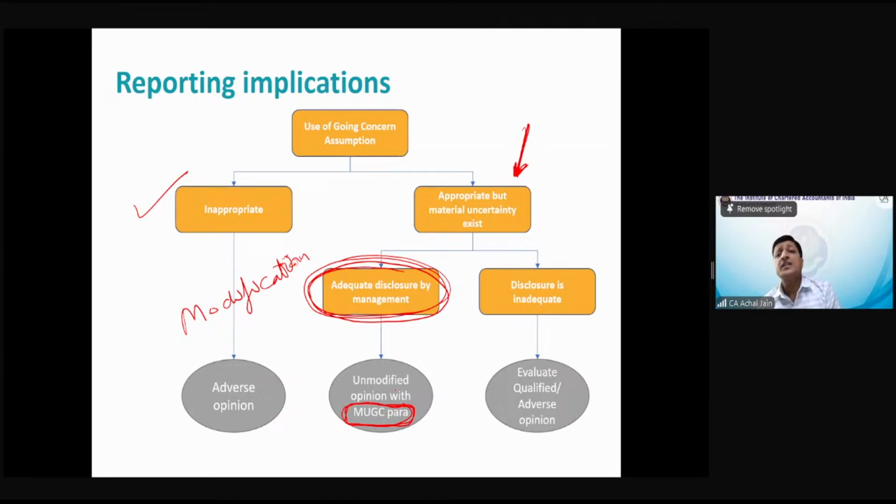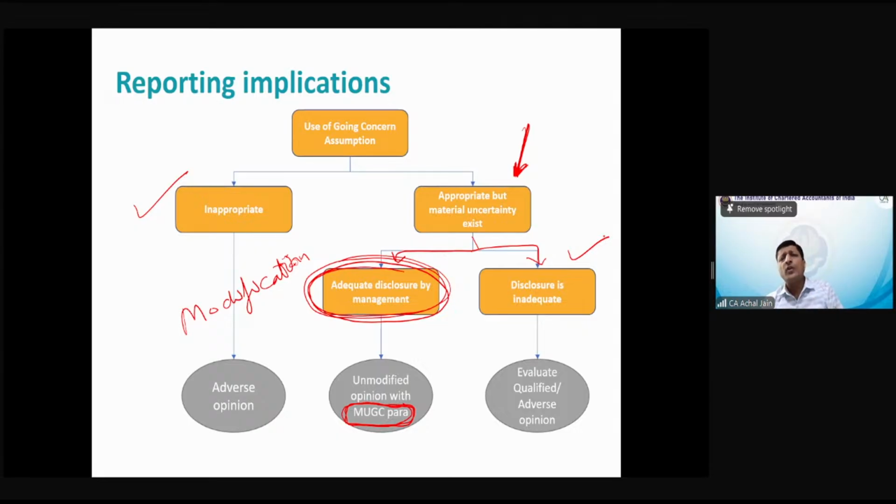If the going concern assumption is appropriate but material uncertainty exists and the management is not ready to provide the required disclosures. Let's suppose now we are in this situation. Management says, okay, material uncertainty is there, but why disclose? Why unnecessarily highlight that in the financial statements?